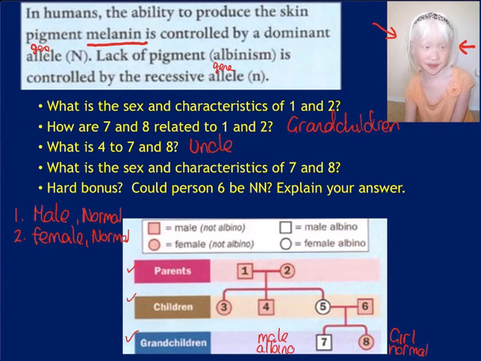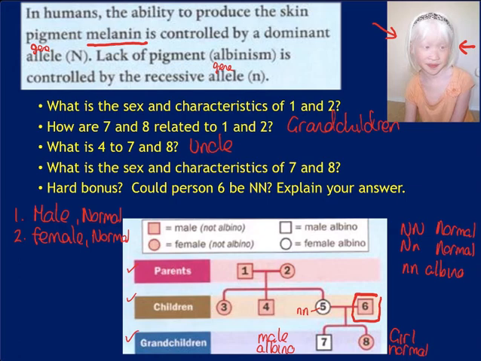So could person 6, this person here, be big N? So again, we have the versions big N, small n. These are all normal, and down here, small n is albino. So if we look at what our thing has here, if this person is albino, this male, he is small n, so he's going to give an n to his babies.